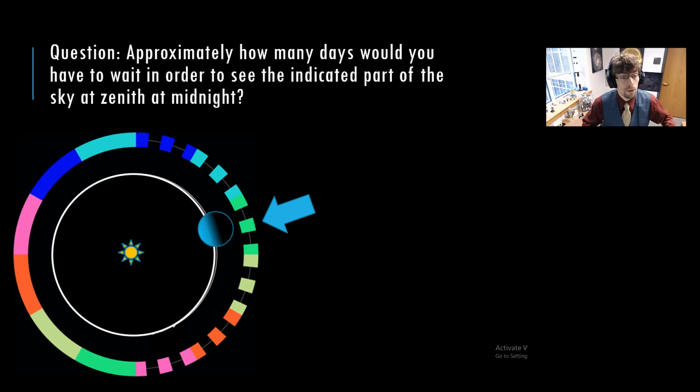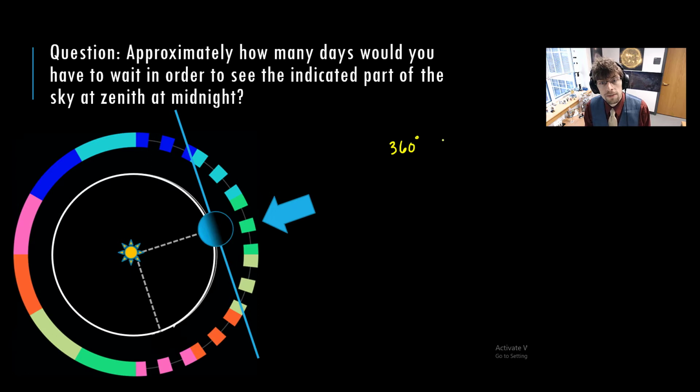And the real question would be, how far has the Earth traveled around in its orbit? Approximately. We'll say the Earth has traveled approximately 90 degrees around in its orbit. Well, how many days does it take to travel a full 360? Yeah, that's what we define as a year. So we could set up a proportion.